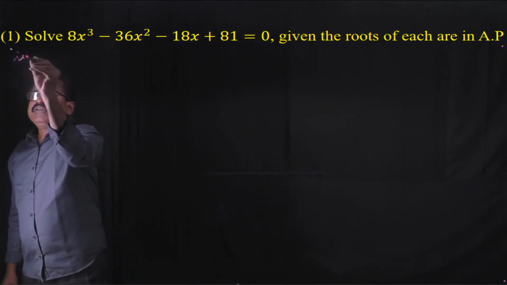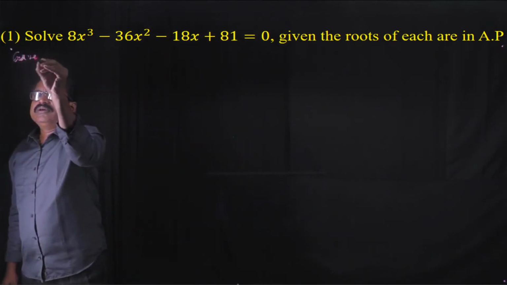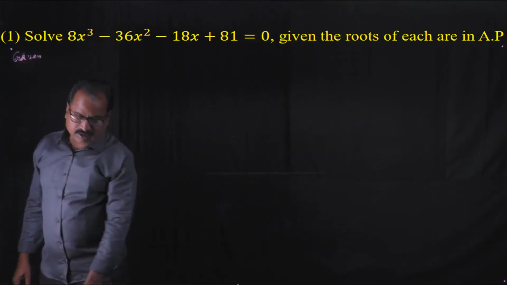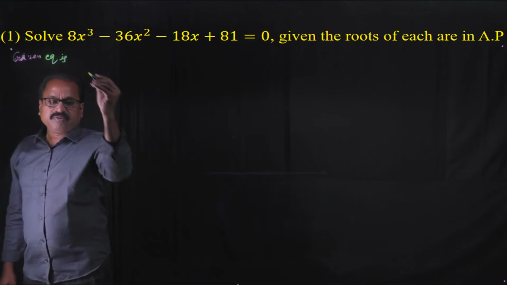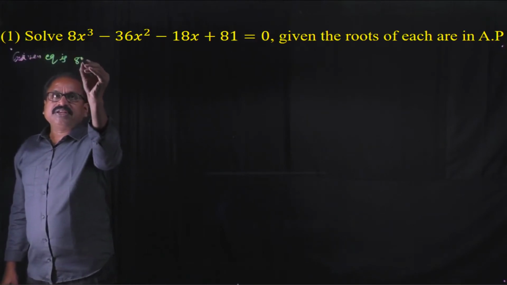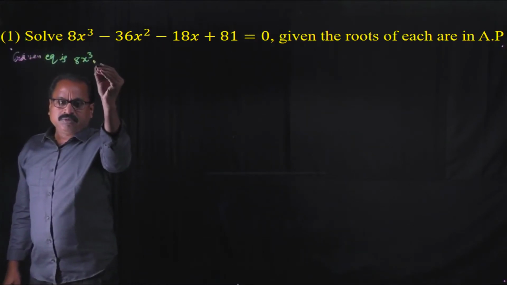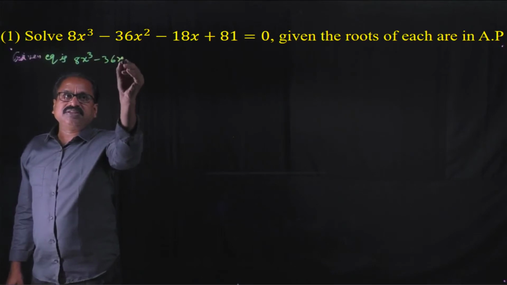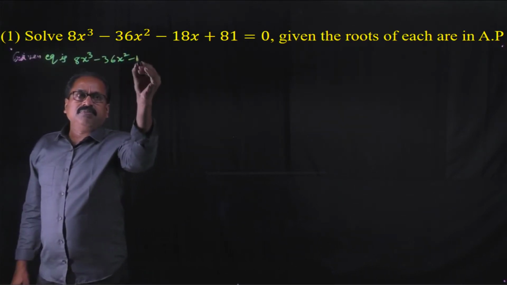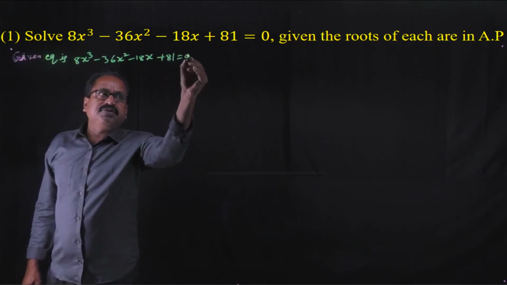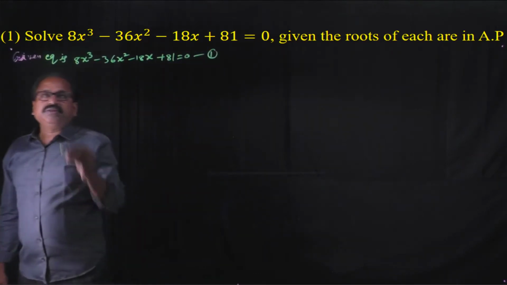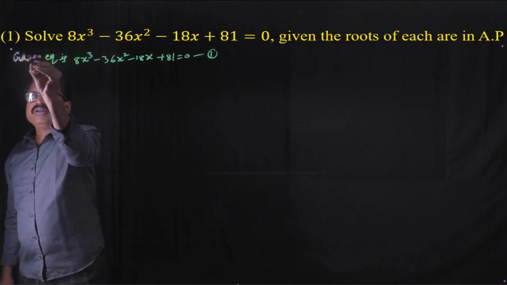So the given equation is 8x cube minus 36x square minus 18x plus 81 is equal to 0. This is equation number 1.